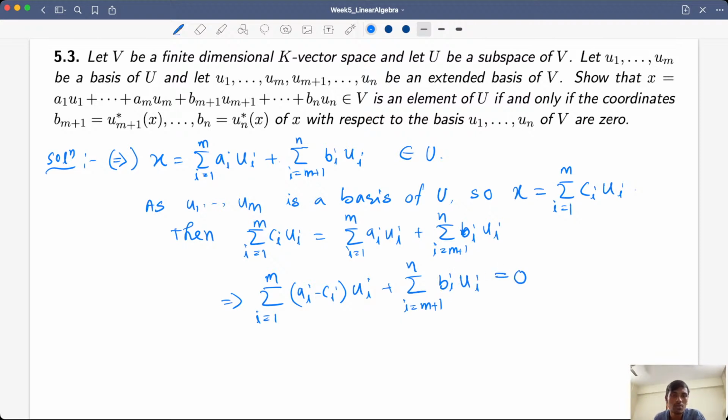Now u1 through un forms a basis of V, so in particular they are linearly independent, so I must have all the coefficients equal to 0.